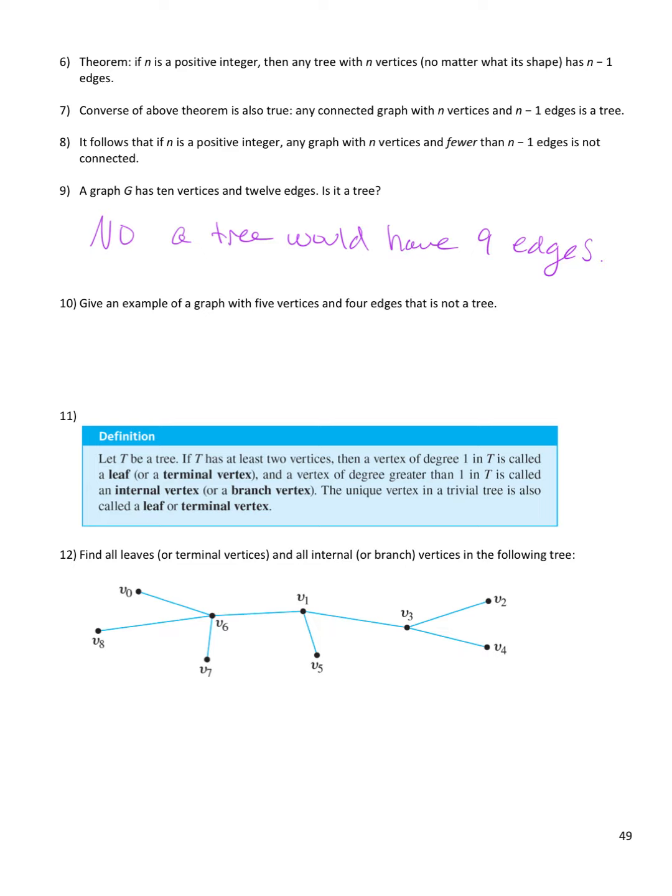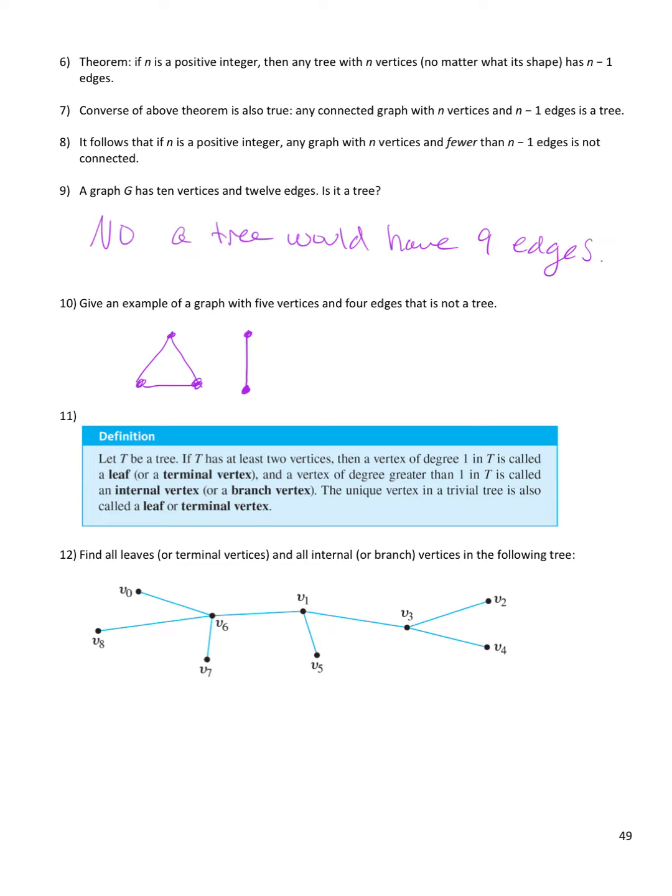So I'm going to try to draw this picture. Let's see, I have 1, 2, 3 vertices and 3 edges. I need 2 more vertices and 1 more edge, so I can just draw like that. So that has 5 vertices, 4 edges, but it's not a tree because it's not connected.